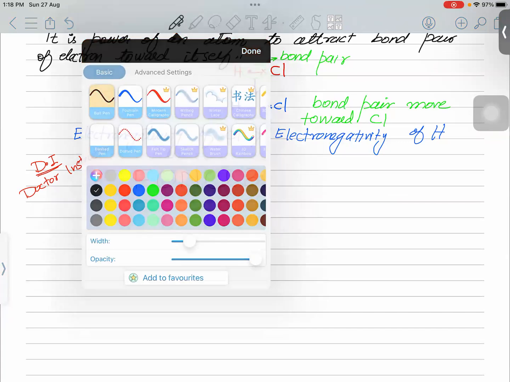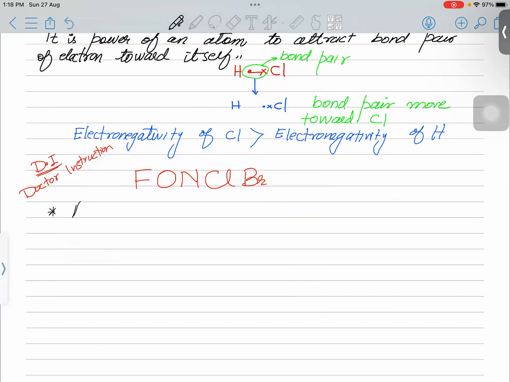Next point. Across the period, does the proton number increase or the shell number? Proton number. Across the period, the proton number increases. As the proton number increases, nuclear attraction increases. As nuclear attraction increases, the power to attract the bond pair increases. So electronegativity increases.